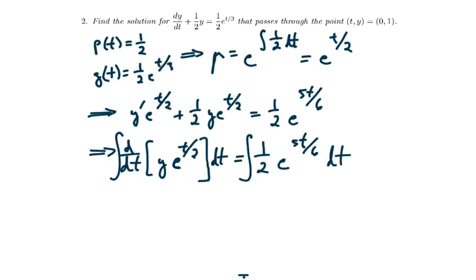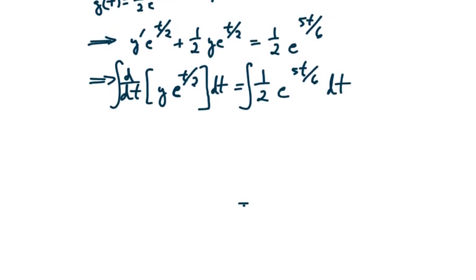On the left, we have y e to the t over 2. And on the right, we are going to have 3/5 e to the 5t over 6 plus c. So there was this 1/2, but when you integrate e to the 5t over 6, you get 6/5. And 6/5 times the 1/2 simplifies to 3/5.